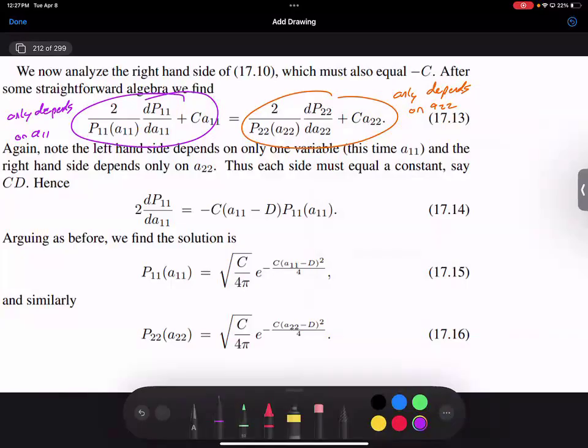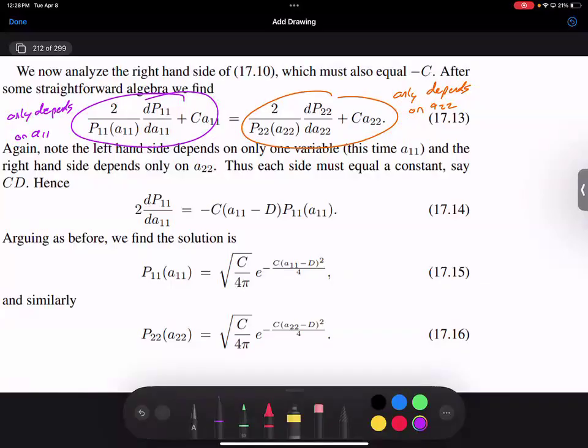Because I know the answer. By writing it as CD, it just makes the algebra work out a little bit nicer at the end of the day. You could have just called it D. That would have been fine. And so we now solve and we get a very similar equation as before. When the dust settles, it looks like a Gaussian. And then if you want things to have mean 0, that forces D to be 0.